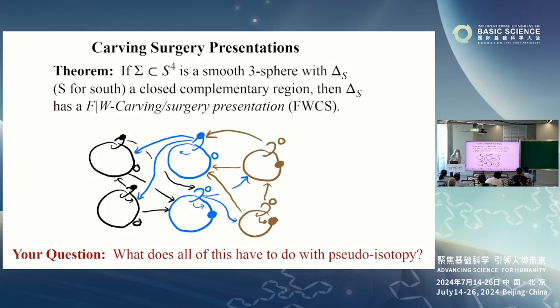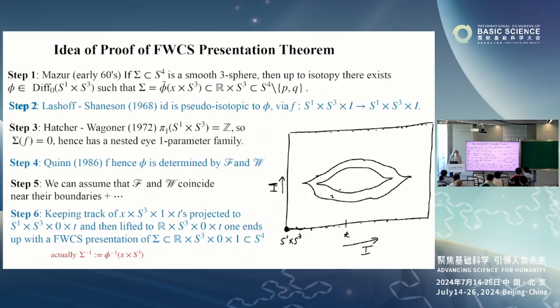So you're probably wondering, in this talk about pseudo-isotopy, what does this have to do with pseudo-isotopy? The answer is a bit complicated, but let me try to give you a hint, and I'll do it ever so briefly. Barry Mazur in 1958 showed that if you have a smooth 3-sphere in 4-space, that's a topological 4-ball.